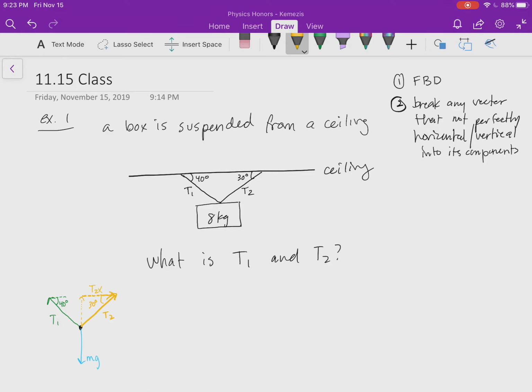So this would be T2x, and this right here would be T2y. And then we can do the same thing for T1, where we have T1x and T1y. Okay, so I've broken it into its components.